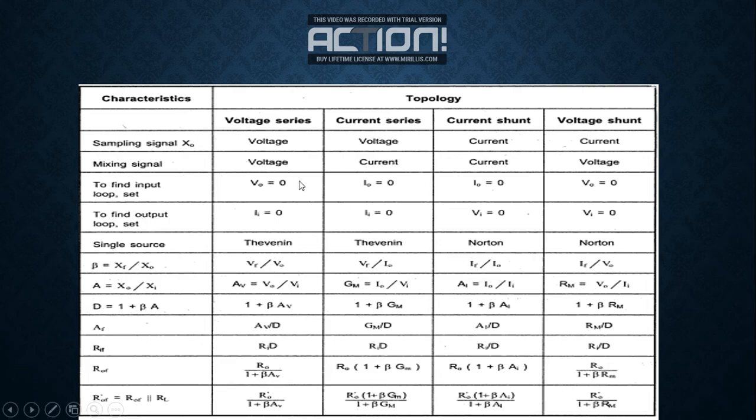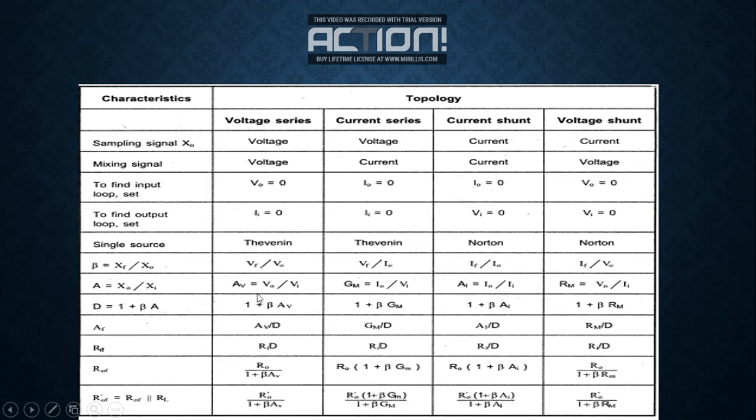After finding the topology, we have to do certain calculations. These are the formula lists for calculating these parameters for certain amplifier circuits. Here we have taken current series. For that, we have to find GM, which is the gain of the amplifier. For current shunt, we have to find AI. For voltage shunt, we have to find RM.